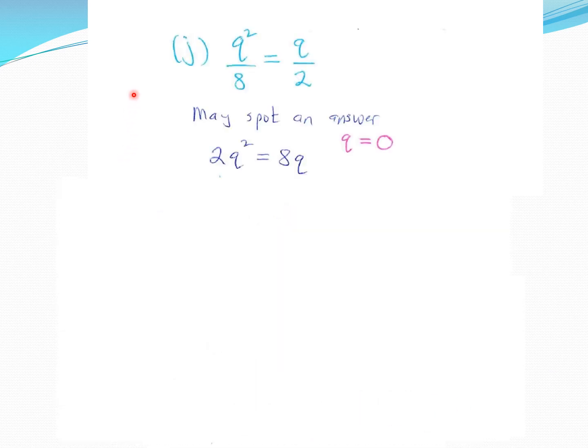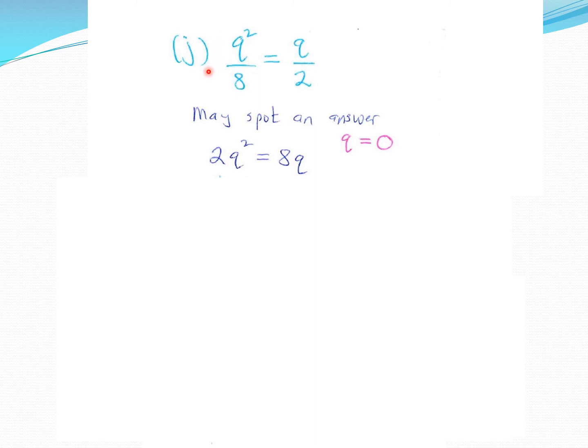So here we are, part J. Q squared over 8 equals Q over 2. You might spot an answer, or if we just carry on and do the cross multiply for the minute, Q squared times 2, that's 2Q squared equals 8 times Q. Looking at this equation, or the original question, when you get experience at looking at these things, you sort of spot that if Q is equal to 0, what would happen?